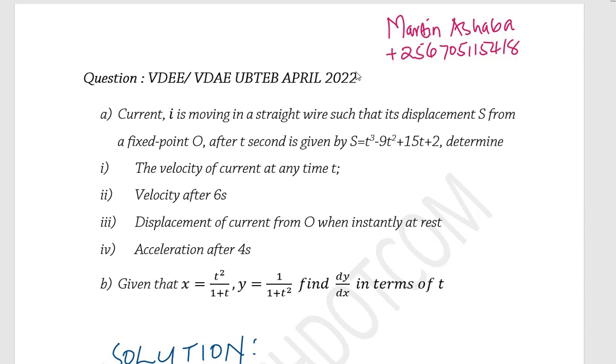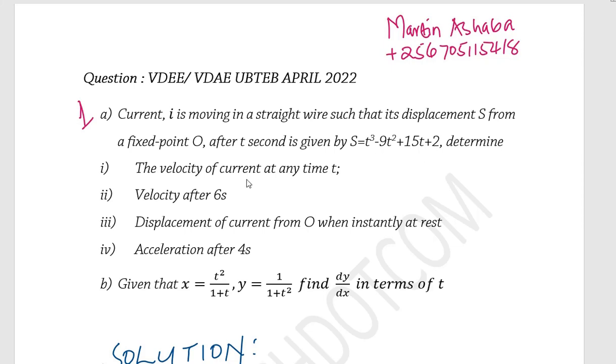In this question, we are going to discuss that particular question of UBTEB April 2022, and it says a current is moving in a straight wire such that its displacement S from a fixed point O after t seconds is given by S is equal to t cubed minus t squared plus 15t plus 2.